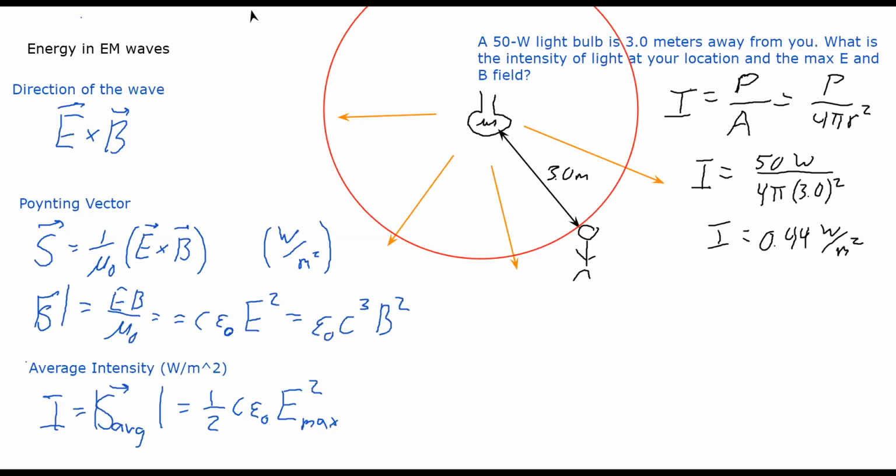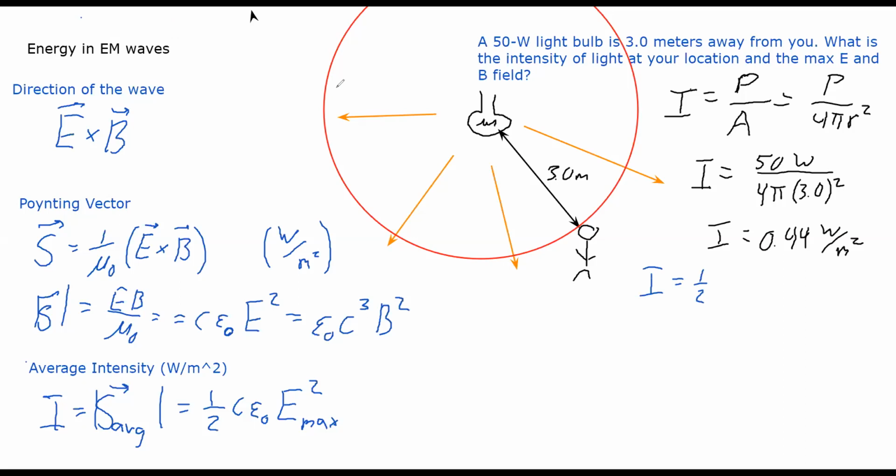Okay, so now that we have our intensity, let's use that to find our electric field. This is where our equation for intensity comes in, right? So let me switch over to a different color here. Intensity equals 1/2, let's find the electric field first.